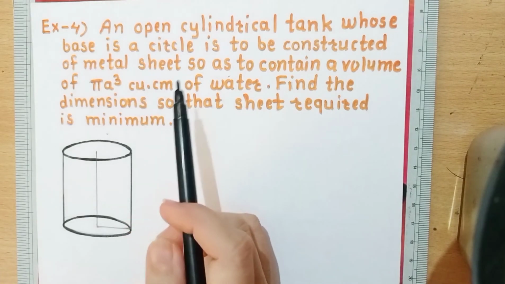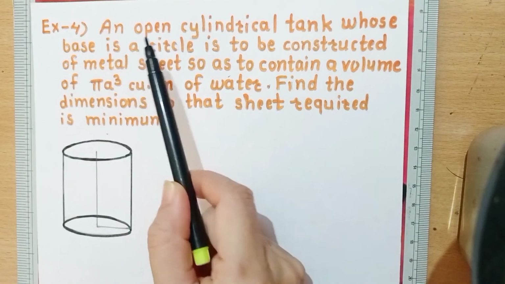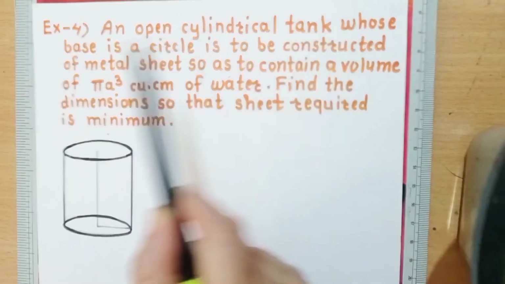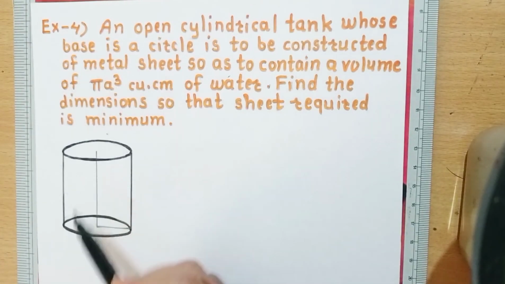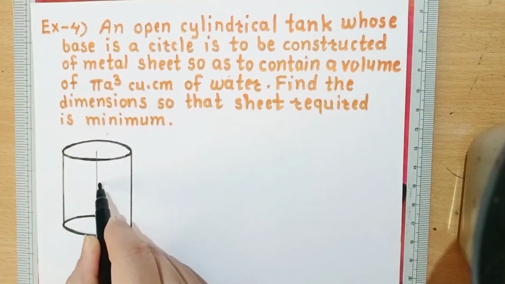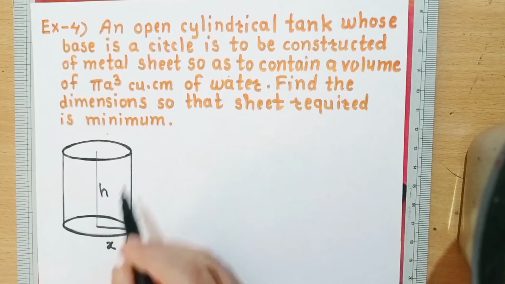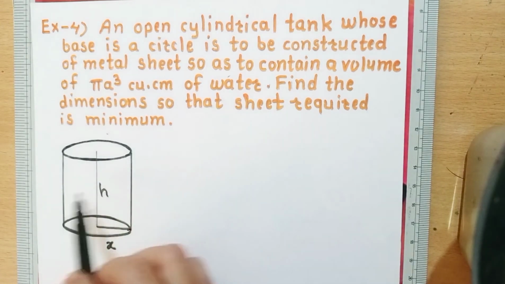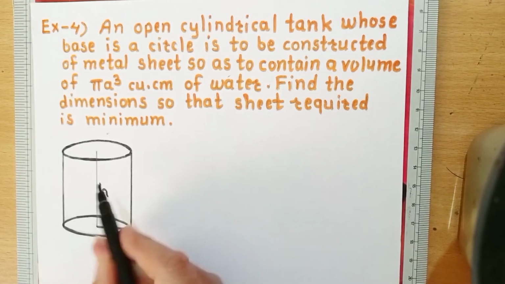This is our example, and here an open cylindrical tank whose base is a circle. So this is the cylindrical tank, and let the radius of the base be x centimeter, height be h centimeter, and volume means whatever water is filled inside it.